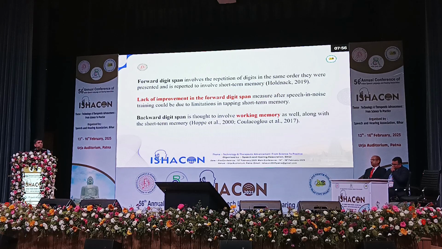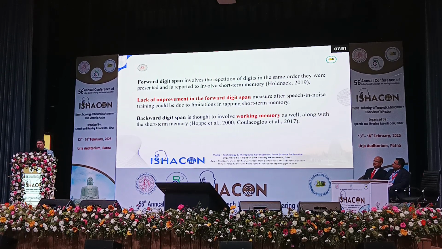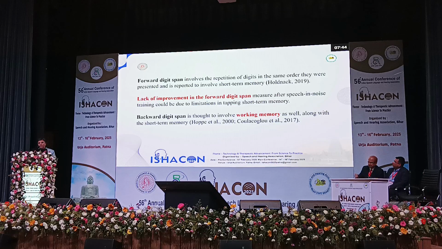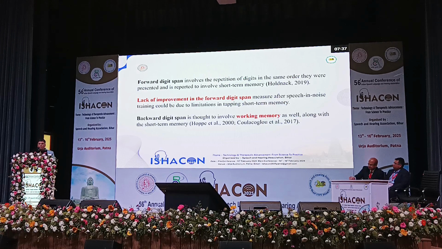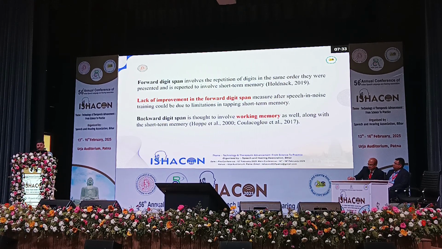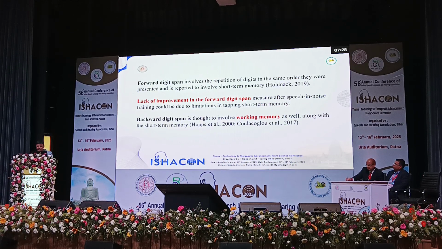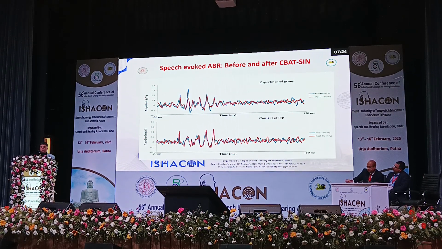And when we look at the literature, they say the lack of improvement in the forward digit span probably could be due to limitations in tapping short-term memory: the kind of training they underwent was not able to facilitate short-term memory, but only worked with working memory. And this is where we could see the differences only in the backward and ascending and descending, not the digit forward task.